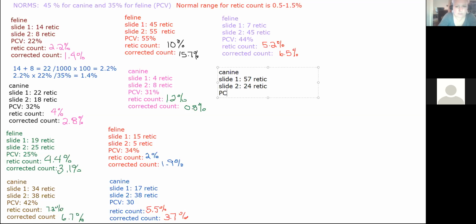The PCV is 38%. Retic count. Corrected count. 8.1 is correct.